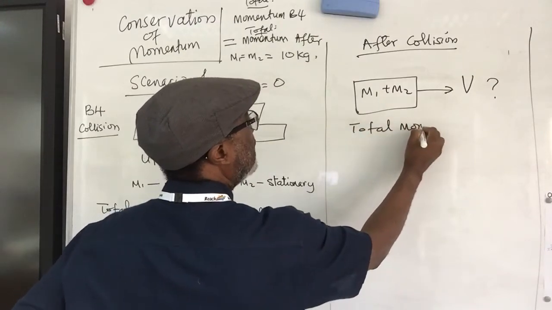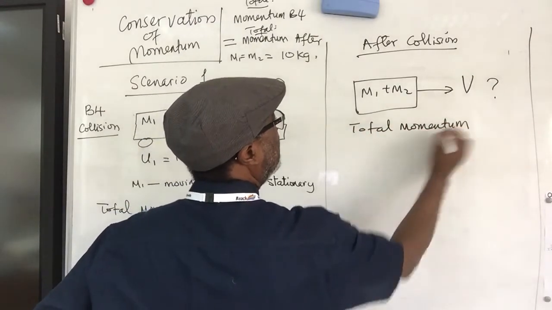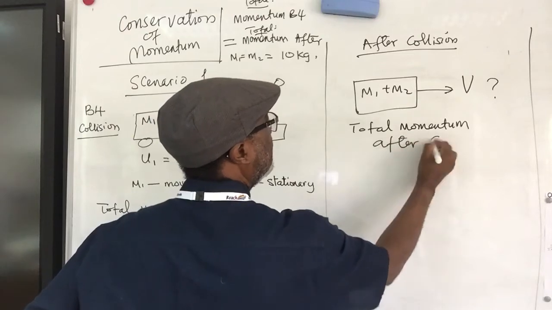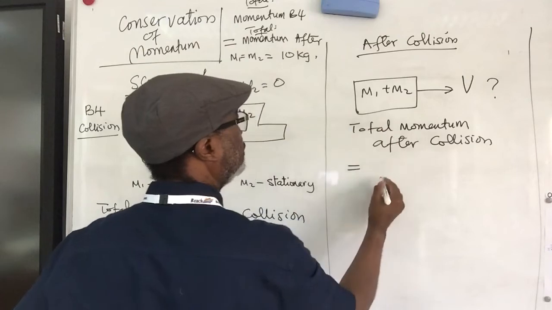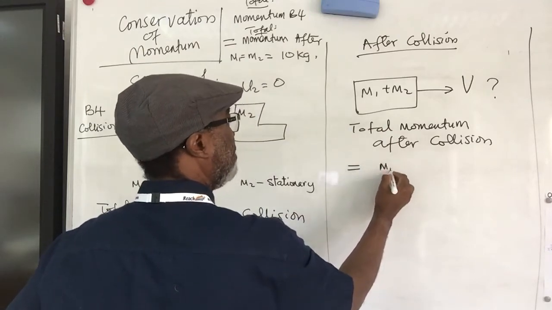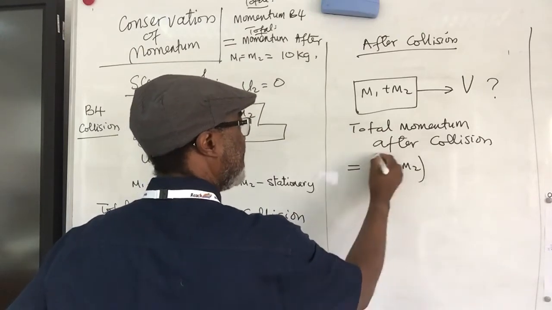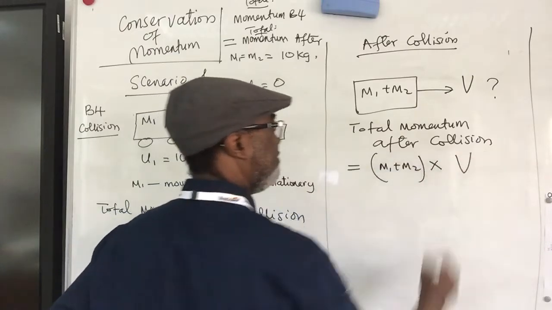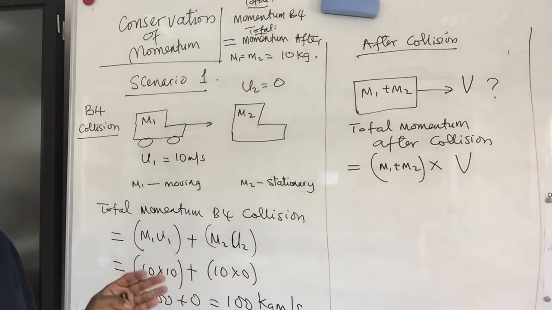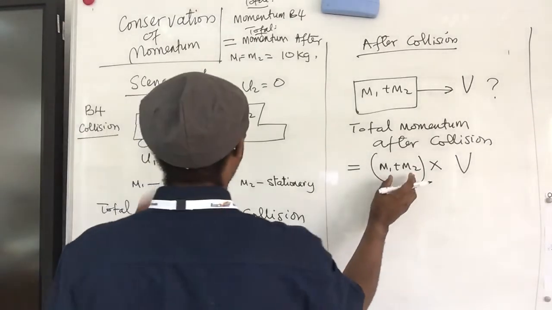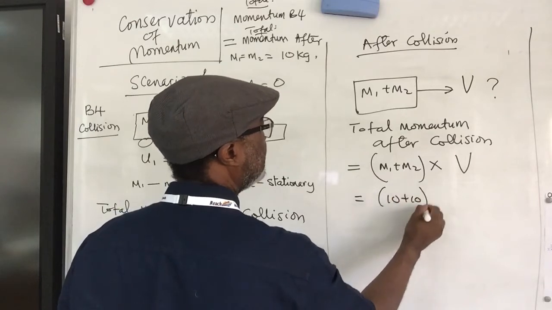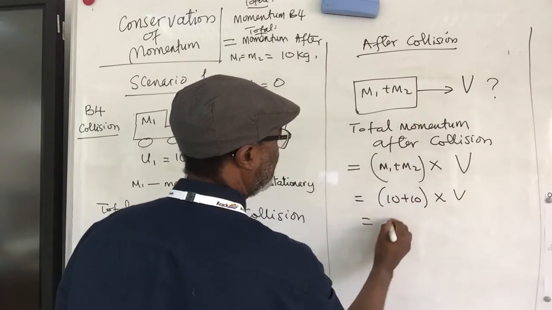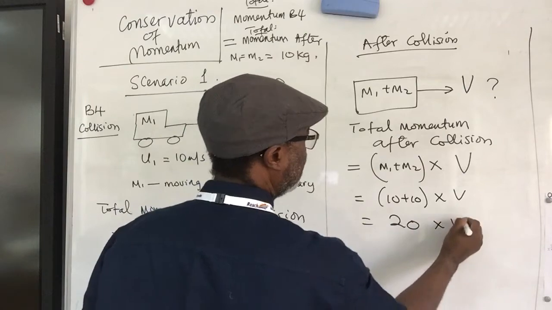Total momentum after collision should be equal to mass m1 plus mass m2 multiplied by v, because it's now a joint mass traveling at the same speed. We can add the two masses together, which is 10 plus 10 times v, which is 20 times v.